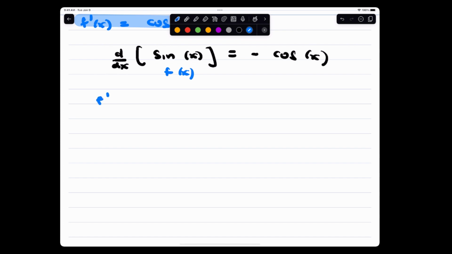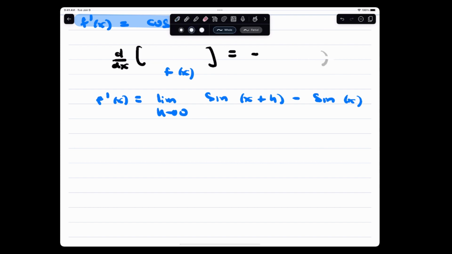So let's find the f prime, limit h goes to 0, cosine of x plus h minus cosine of x. Sir, I think you made a mistake. It should be cosine, not sine. Sorry, derivative of cosine is minus sine. Yes, thank you. Derivative of cosine. Thank you so much.